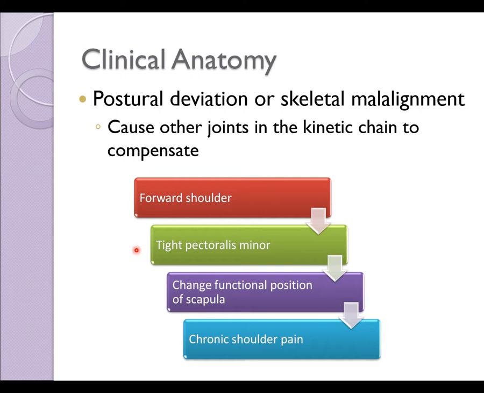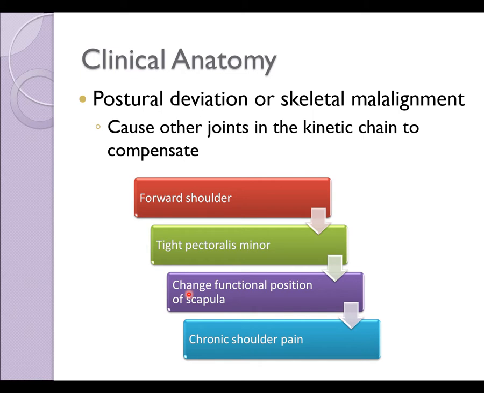And what its job is to tilt the scapula anteriorly. So the scapula is on the back. It's supposed to grab it and tilt it forward, as if you were going into a forward shoulder position. That's what it's meant to do, but if it's tight, it's going to be doing that all the time. So forward shoulder will let us have tight pectoralis minor, which makes us move the scapula forward, which changes the position of the scapula.